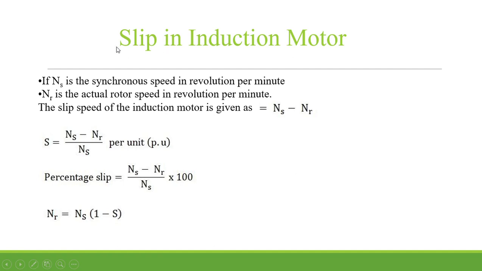Why is it called slip? Because the rotor can't rotate at the synchronous speed, so it slips. That's why this is known as slip. So the rotor will rotate at some lesser speed, which will be equal to Ns into (1 minus s).